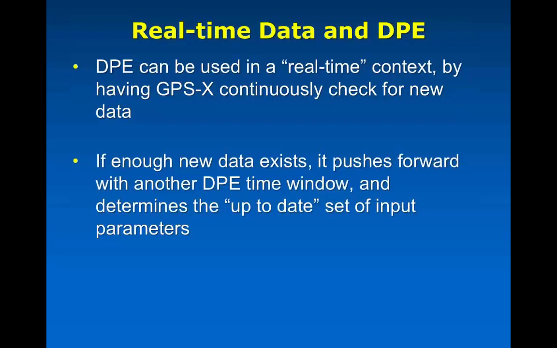When it sees that there is sufficient data, usually you would want to wait until there's at least a few new data points to be able to move ahead, the DPE optimizer sees that there's some new data to work with, and it then goes ahead and does the next time window.